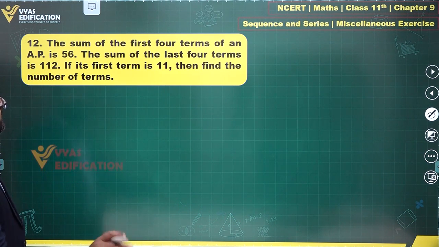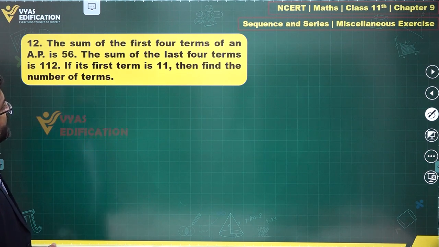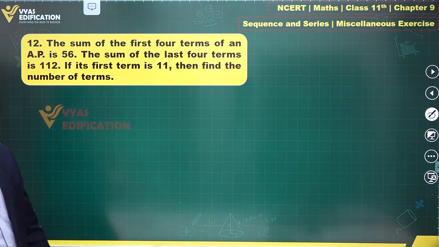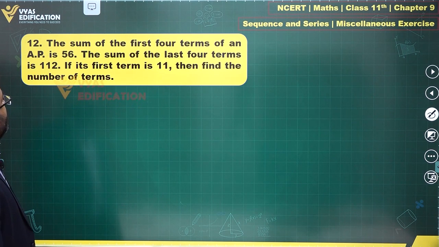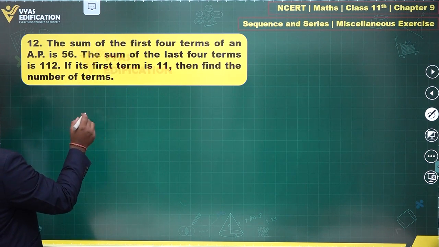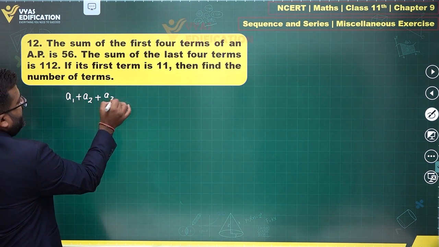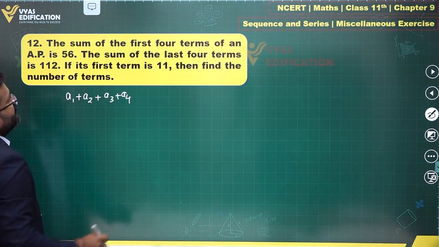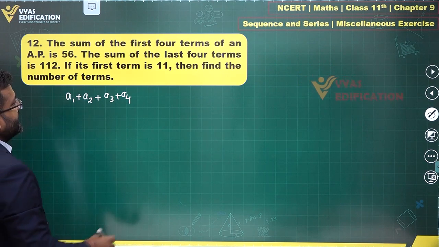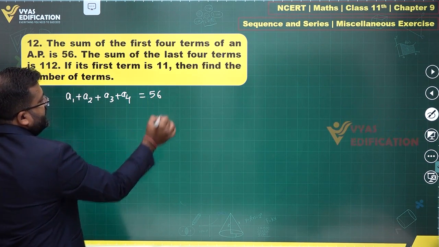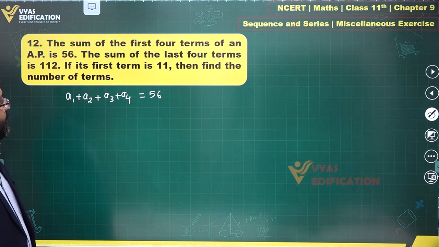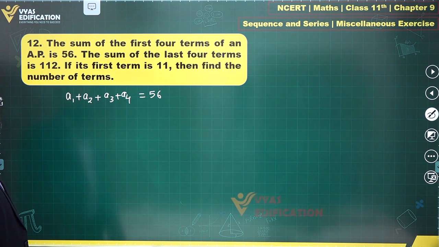So we'll begin with a simple idea that if its first term is 11, then find the number of terms. Its first term is already given to us. Find the number of terms, right? Sum of first 4 terms of an AP, so a1 plus a2 plus a3 plus a4 is 56. Sum of the last 4 terms is 112.